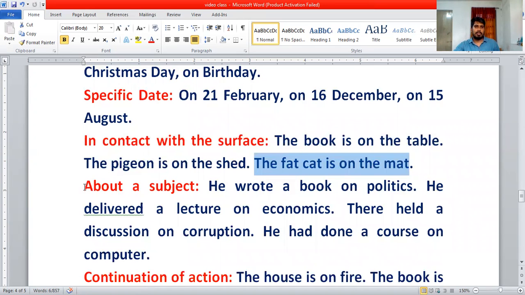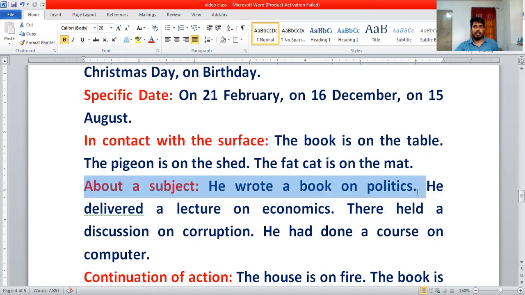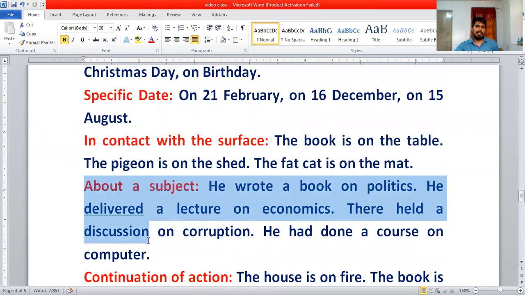Also, preposition on is used when we speak about a subject, such as he wrote a book on politics. He delivered a lecture on economics. There held a discussion on corruption.